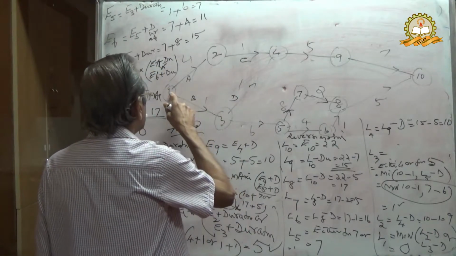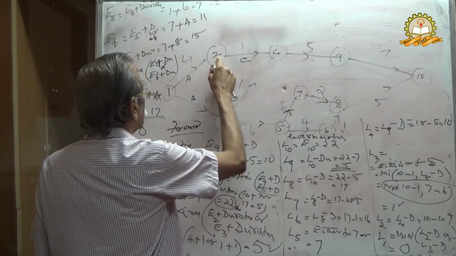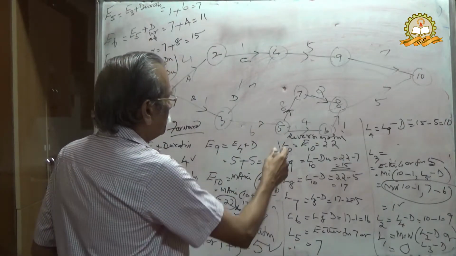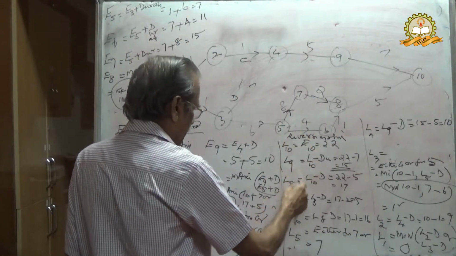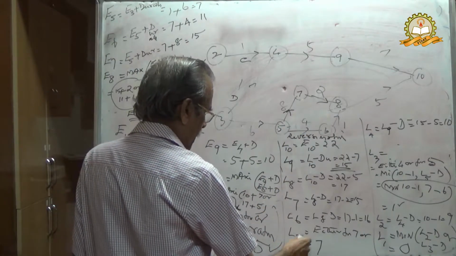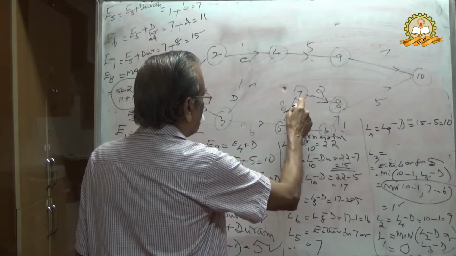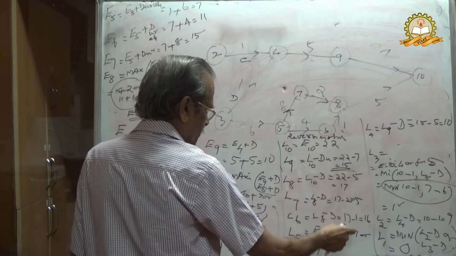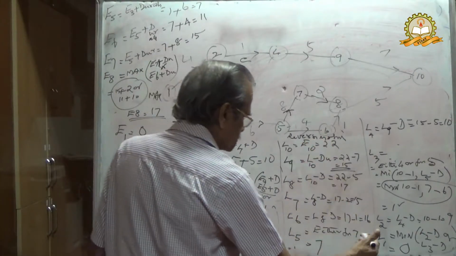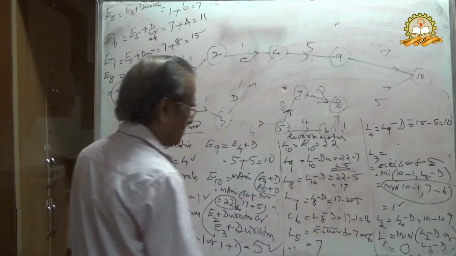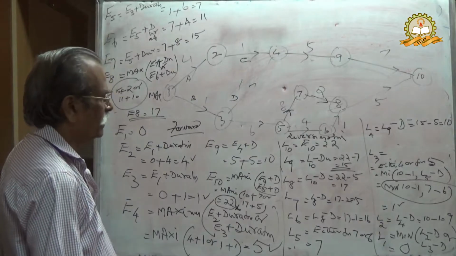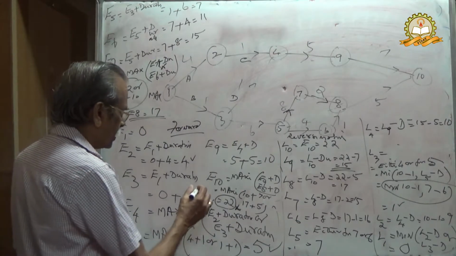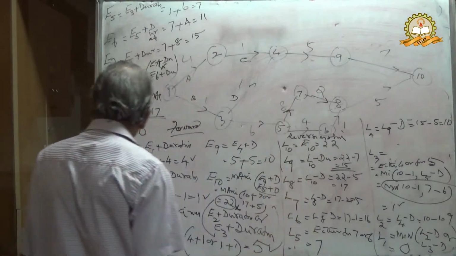Similarly here minimum of 2 or 3. L5 will be either from 7 or from 6, equal to 7. Therefore you have L1, L2, L3, L4, up to L10, and remember E10 will be equal to L10.